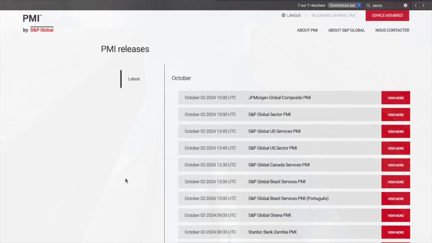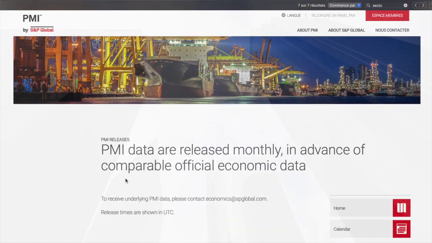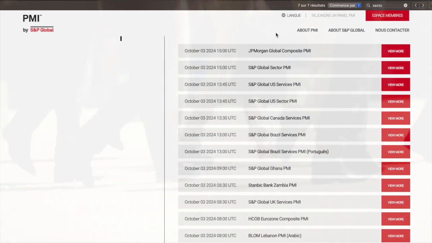Every day you have 100 PDFs coming out. And where you have all these reports from S&P Global, or formerly Markit, and they publish for free PMI reports, and they publish sectoral PMI reports, industry-specific PMI reports.